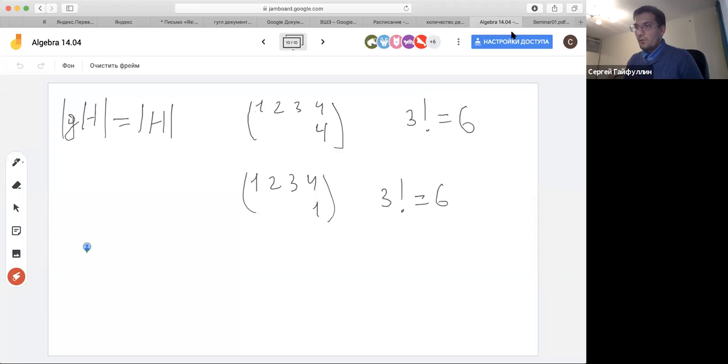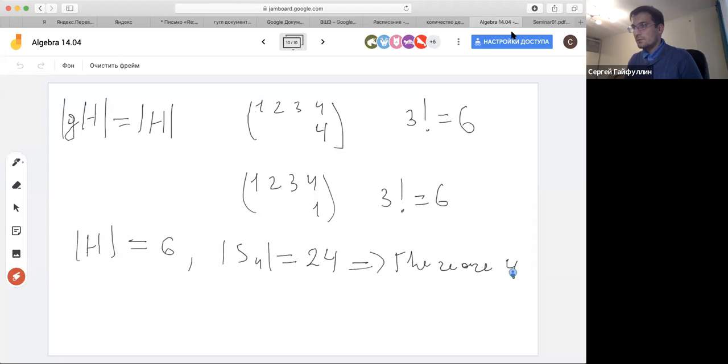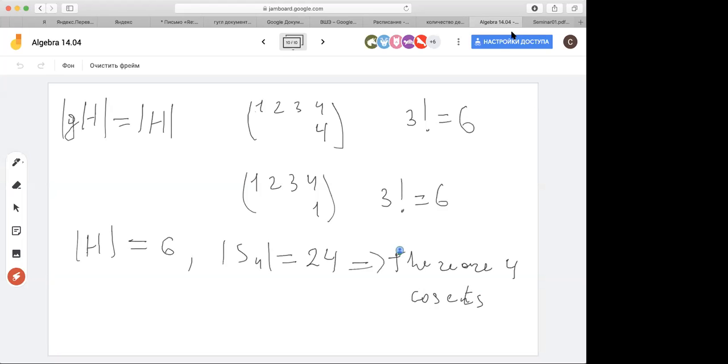Of course, if we know that the order of H equals 6 and the order of S4 equals 24, then we understand that there are just 4 left cosets and 4 right cosets. Why?